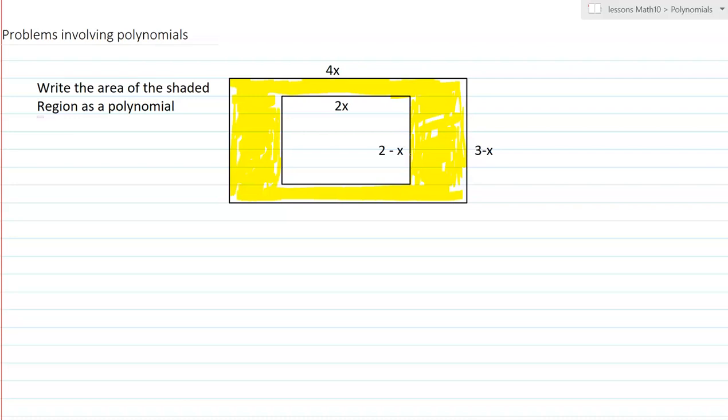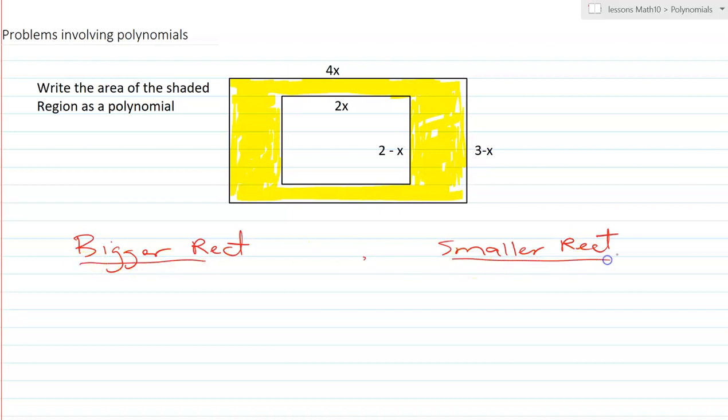So we have to go through and find out what that area is. Now, first we have to come up with an idea of how we're going to solve this problem. Forget about the polynomial piece. How are we going to solve this problem? We have a bigger rectangle and a smaller rectangle.